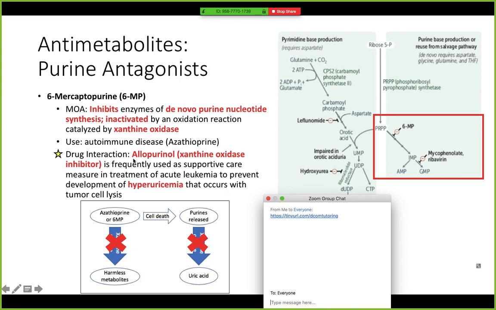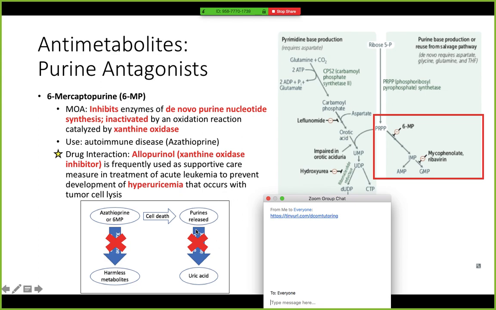The reason this is important is because there's a drug interaction with allopurinol. Allopurinol is a xanthine oxidase inhibitor, and that's given to treat the hyperuricemia that's seen with azathioprine or 6-mercaptopurine.